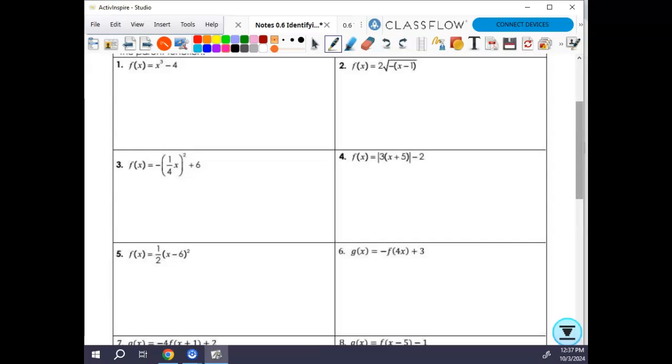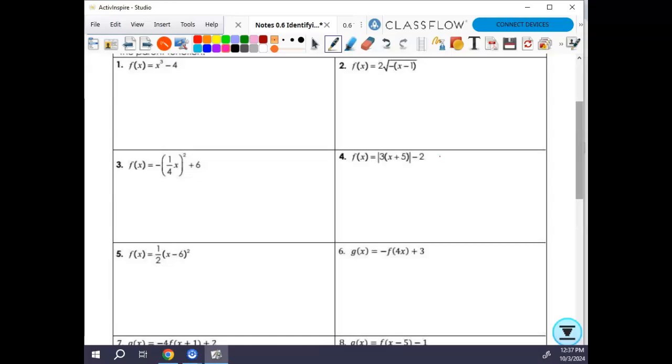So when I ask you questions like, does this affect X or does it affect Y, it has to do with whether, in your order of operations, you use that number before or after you do the actual function. So here, this is an absolute value function, right? Inside the absolute value, before I take the absolute value, I'd have to substitute in my X, add 5, multiply by 3.